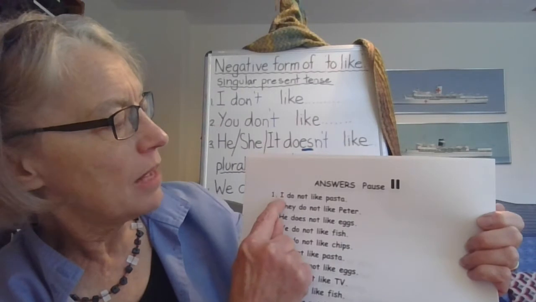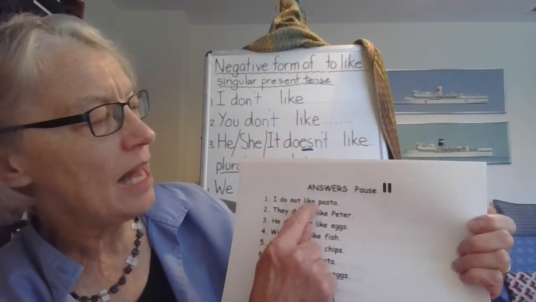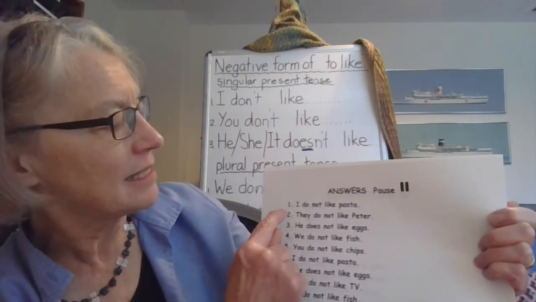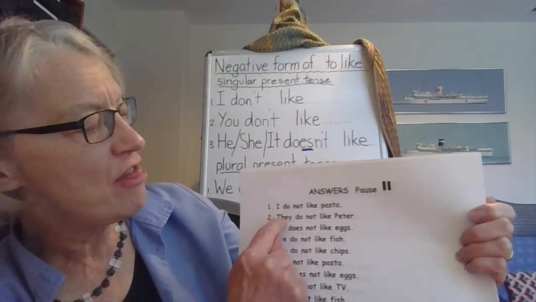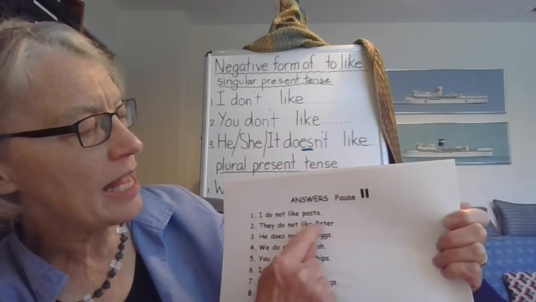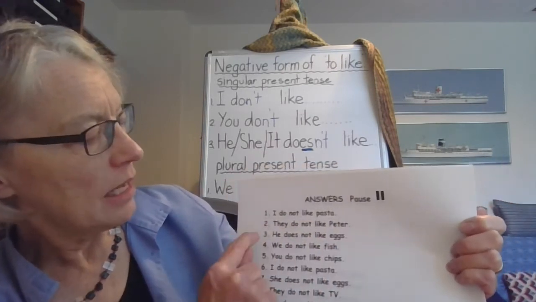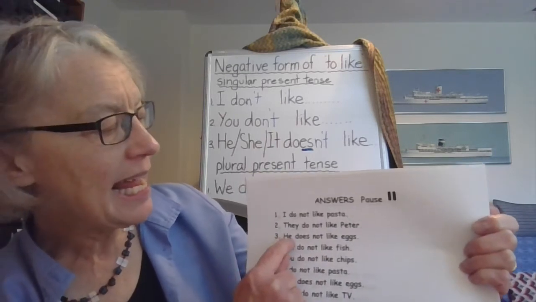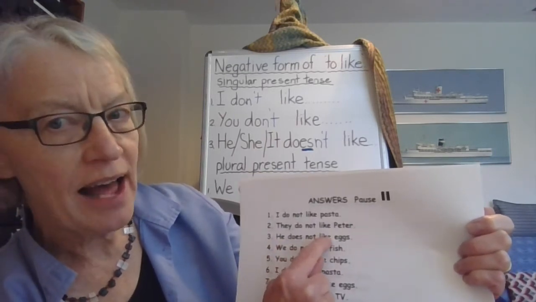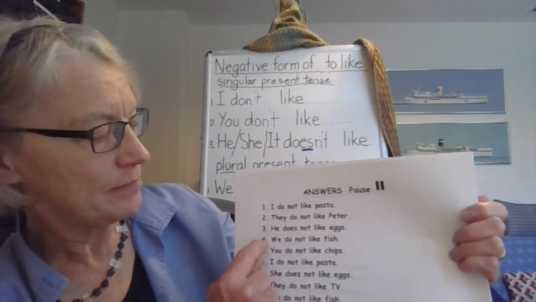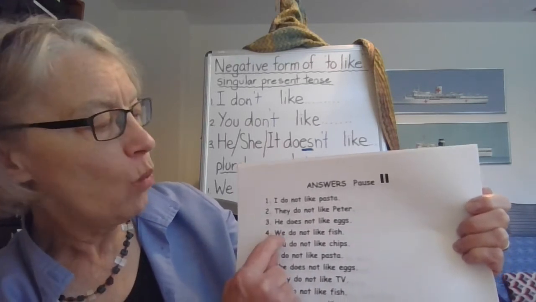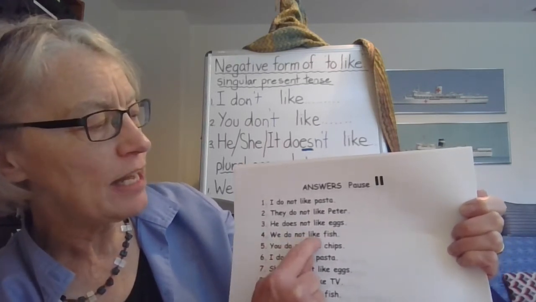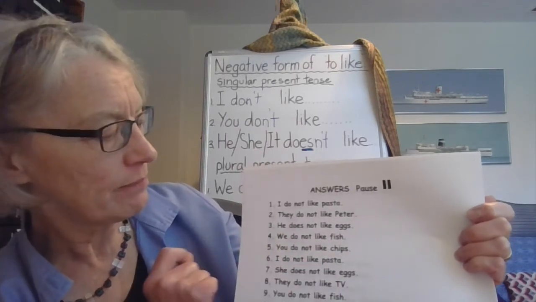Number 1, I do not like pasta. That should be the answer. Number 2, they do not like Peter. Number 3, he does not like eggs. Number 4, we do not like fish.